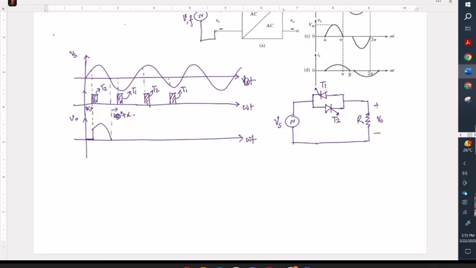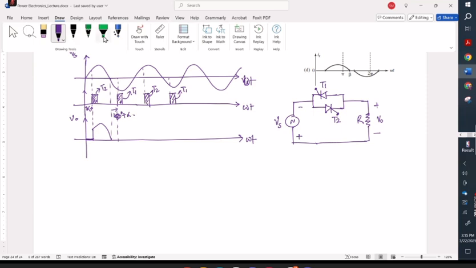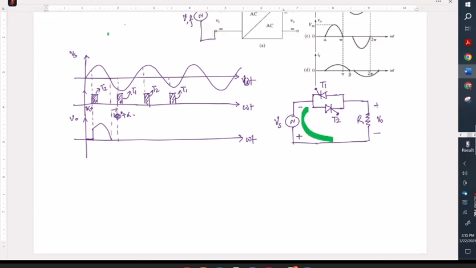Then again, during the negative half cycle of the input waveform, what will happen? During the negative half cycle, the polarities of the source change like this, and current will try to flow in the opposite direction. So the current will try to flow in this direction through T1 and come back.